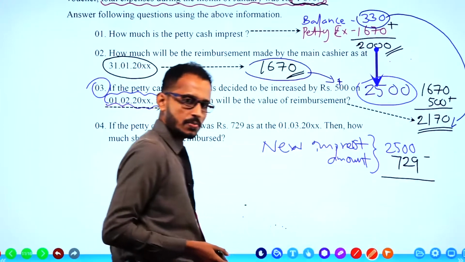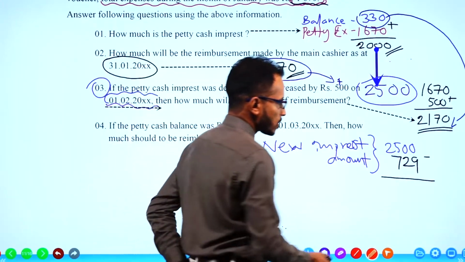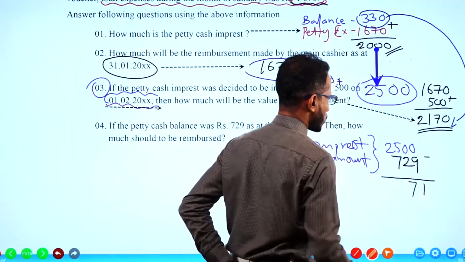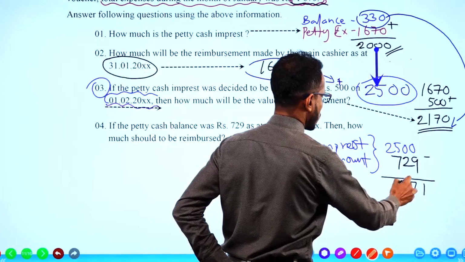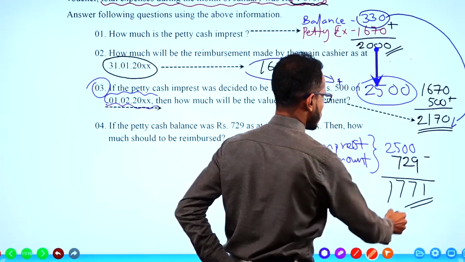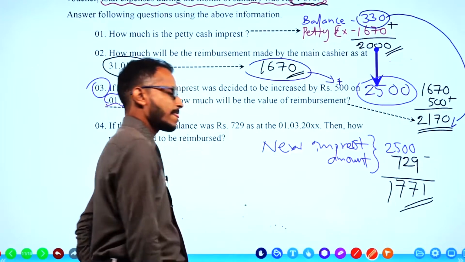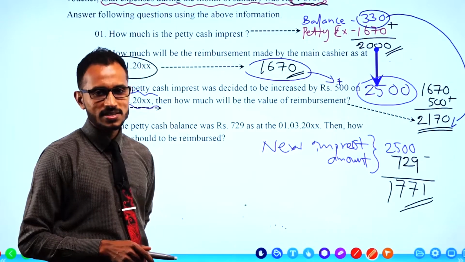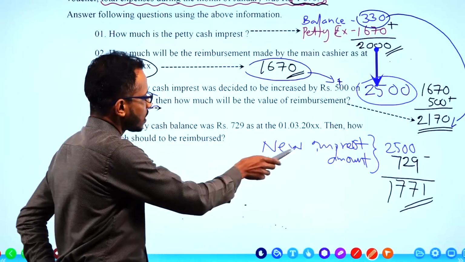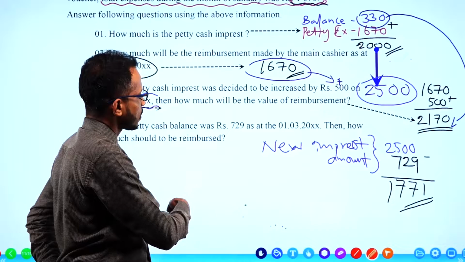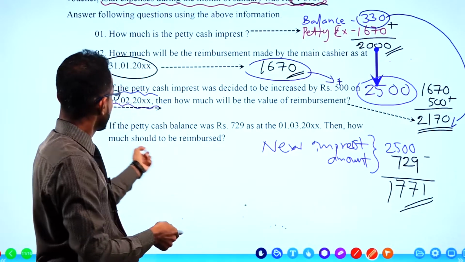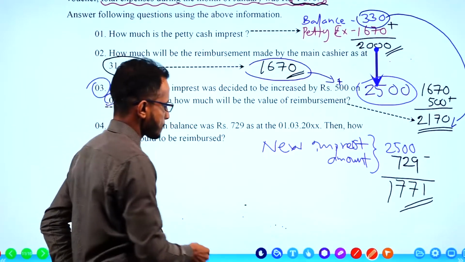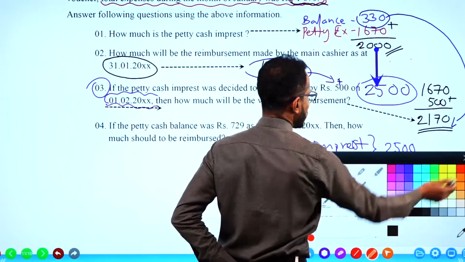How much is spent? $1,771 is spent. The spent amount is the amount which should be reimbursed. So how much should be reimbursed? 1,771. The spent amount in February.